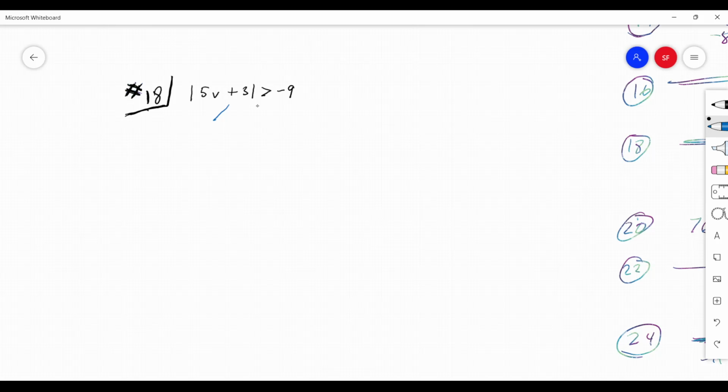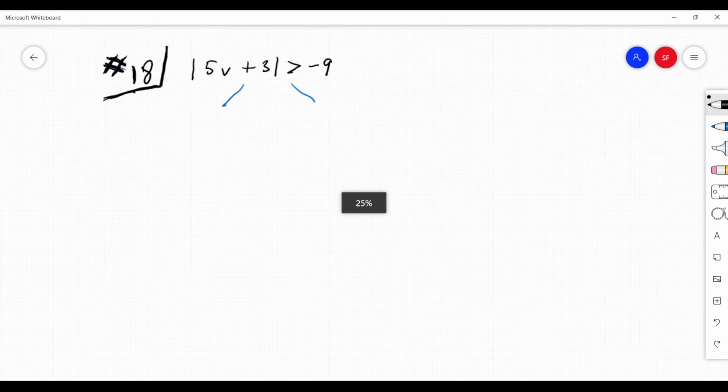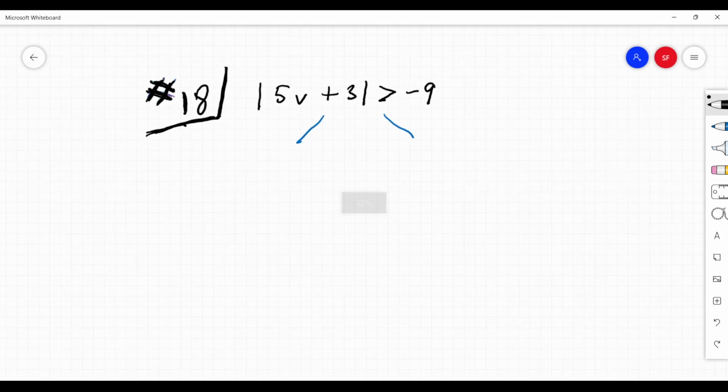So what's the first equation? 5v plus 3 is greater than -9. What's the second equation? You put the negative, parentheses, 5v plus 3, close parentheses, is greater than.